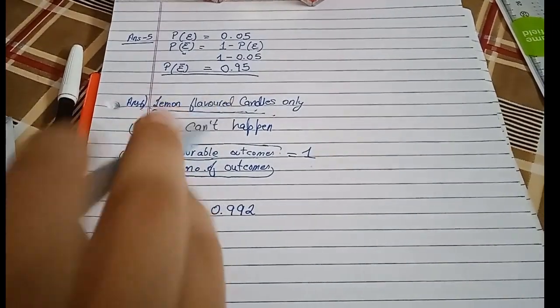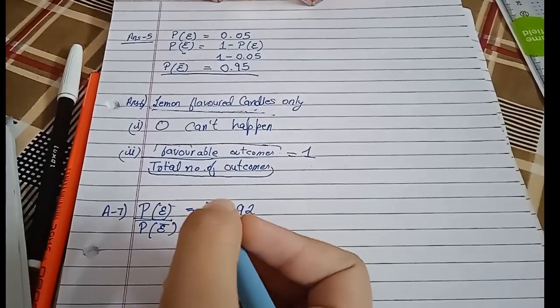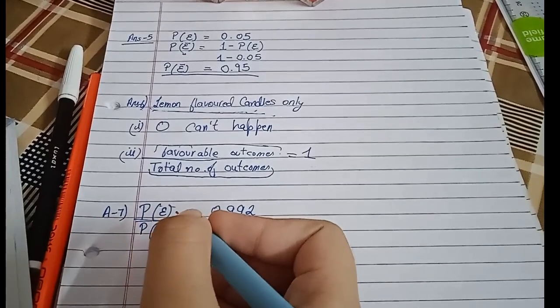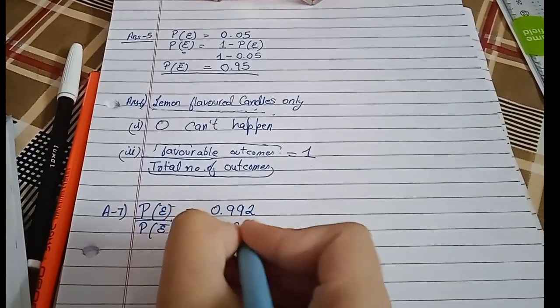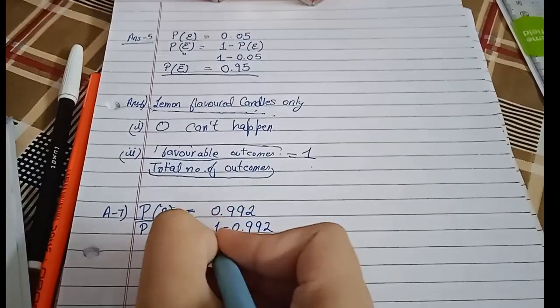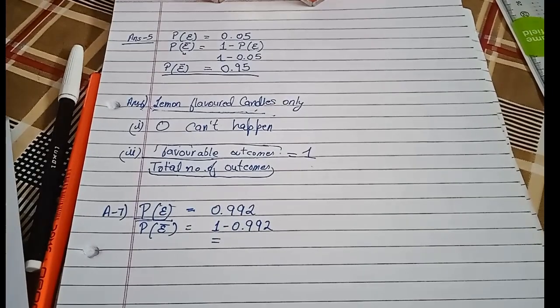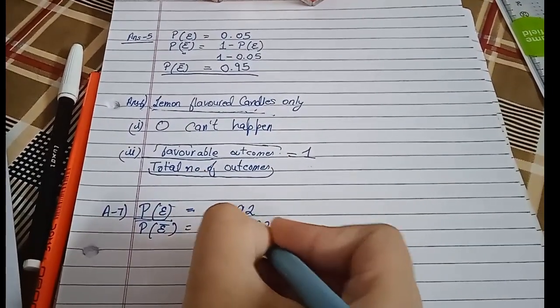So the probability of 2 students having the same birthday will be 1 minus 0.992, which equals, you can do the simple arithmetic, 0.008.